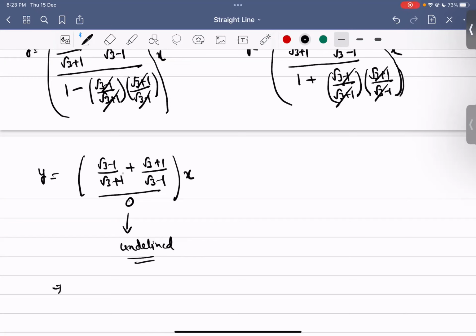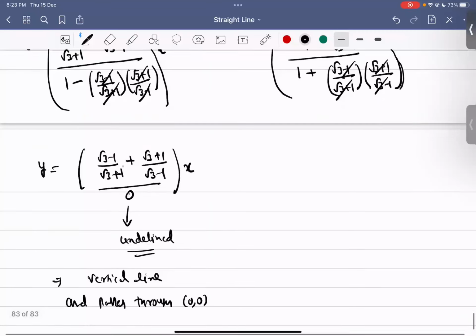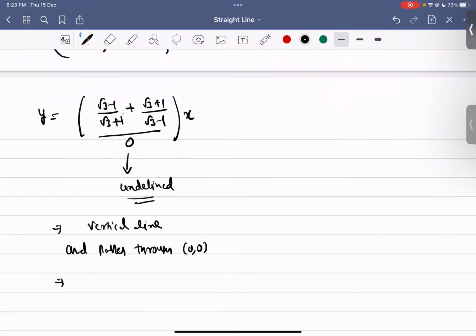That implies one vertical line passing through 0 comma 0 implies the y-axis, that implies x equal to 0. One line is x equal to 0.